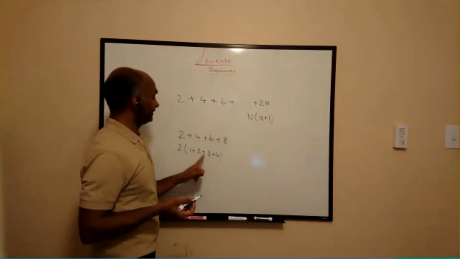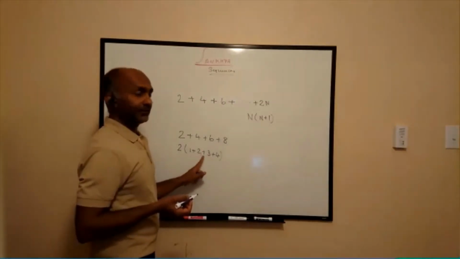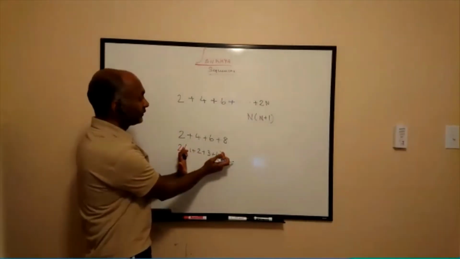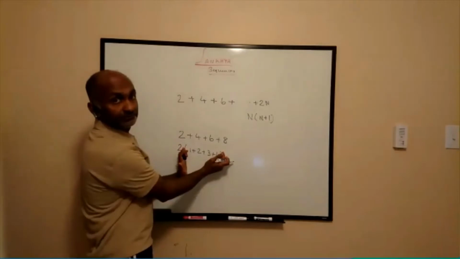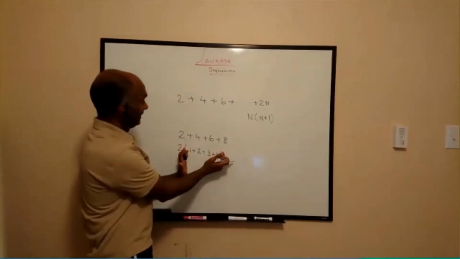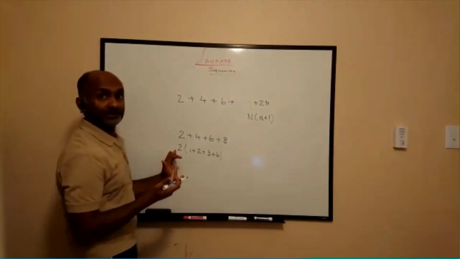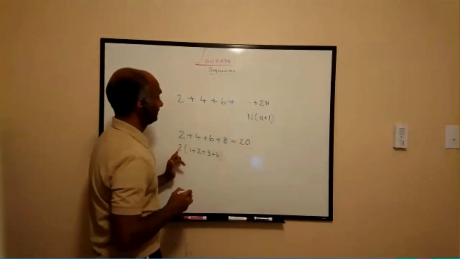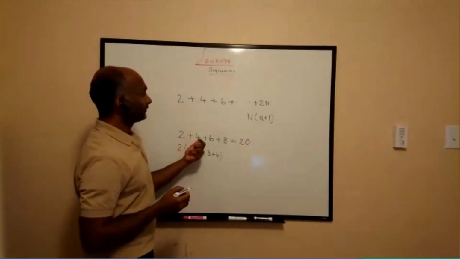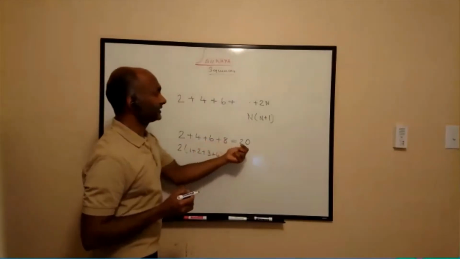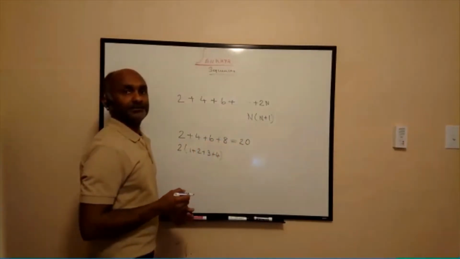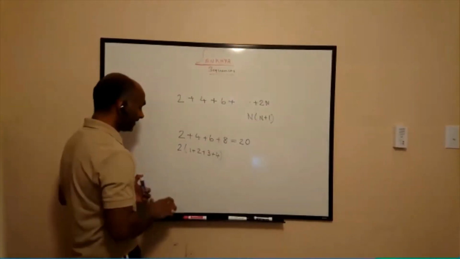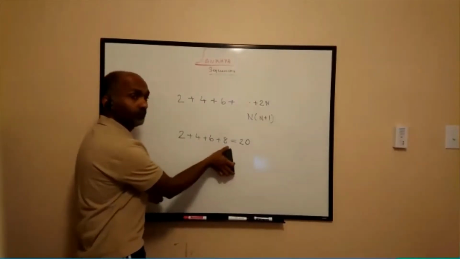And we know the sum of 1 plus 2 plus 3 plus 4 is 4 times 5 by 2, which is 10. And then we have a factor of 2, or multiply by 2, so 20. So is this equal to 20? It does. 2 plus 4, 6, 6 plus 6, 12, 12 plus 8, 20. So it works. It should work for any other number as well, because it's just natural to follow.